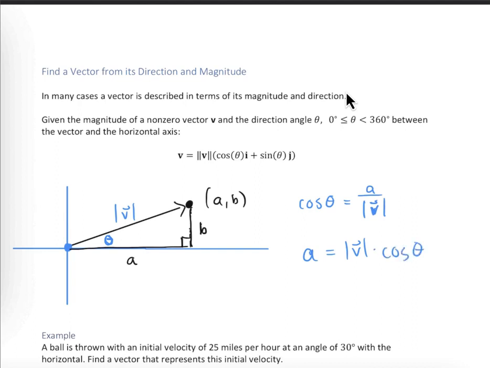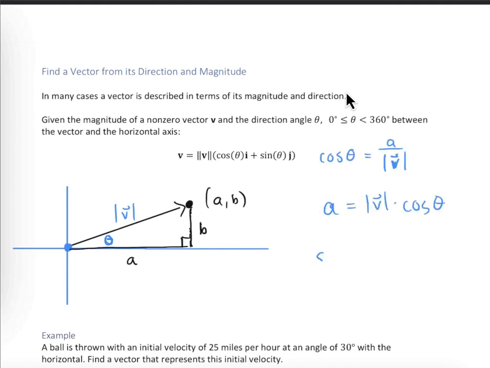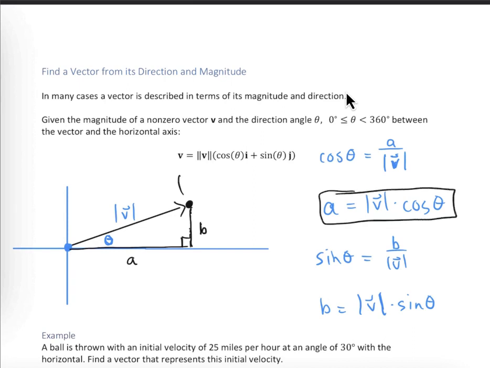Now, similarly, we can say the sine of our angle theta is going to be the opposite side over the hypotenuse, or b over mag v. The b component, or the y value of the ordered pair, can be rewritten as mag v times the sine of theta. So that means that this ordered pair can now be expressed as the x-coordinate being mag v times the cosine of theta, and the y-coordinate being mag v times the sine of angle theta.